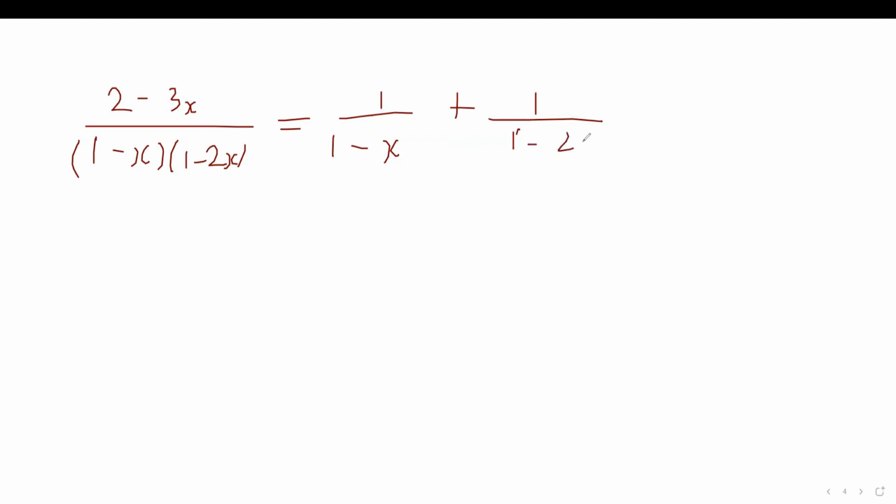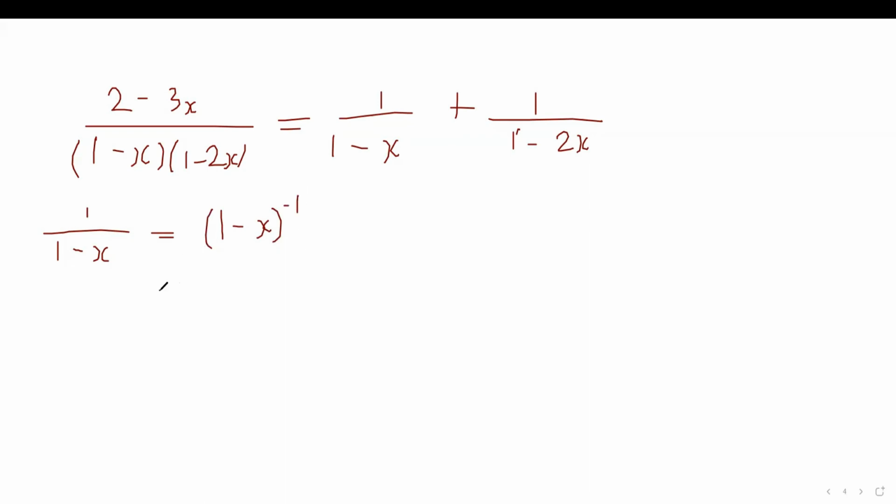Now 1 over 1 minus x is the same as 1 minus x to the negative 1. This is 1 minus x to the minus 1.